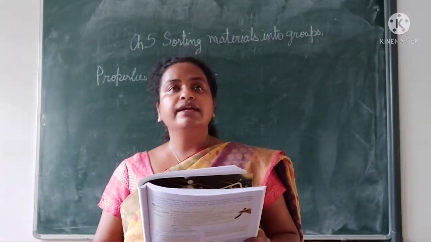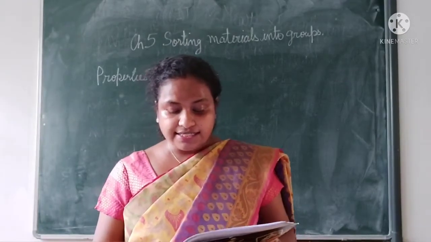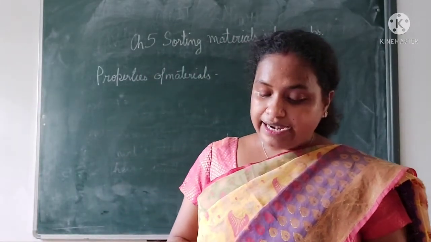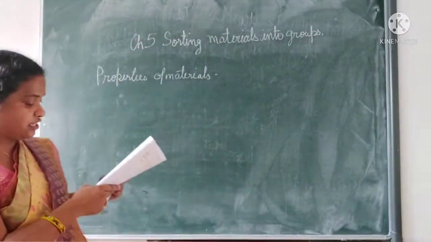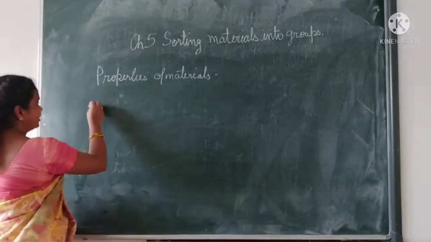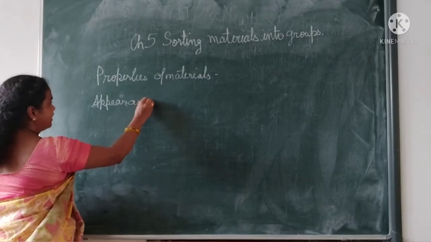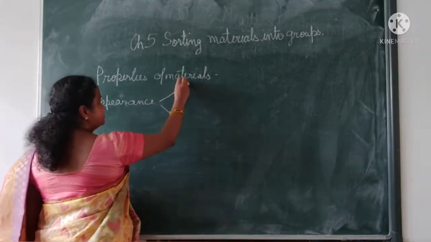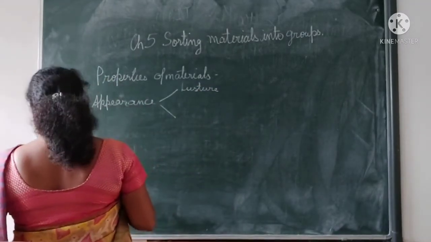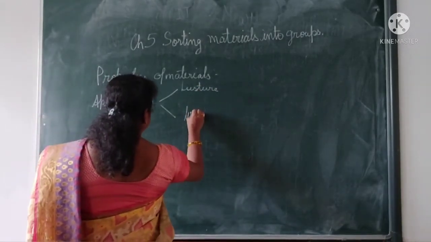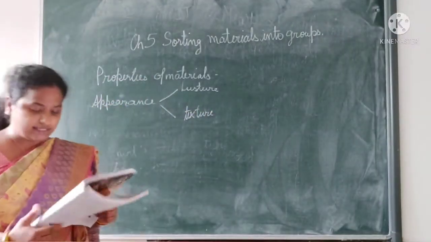Appearance is then divided into two parts, luster and texture. What type of texture they have and what type of luster.